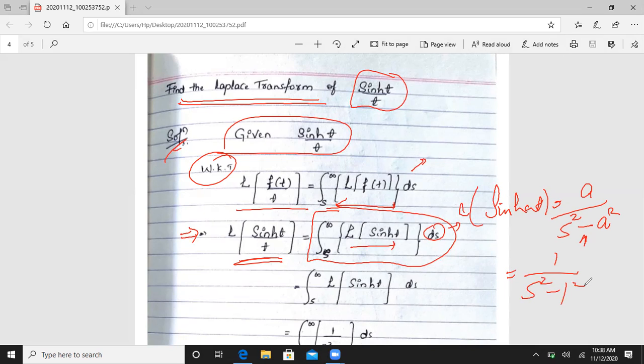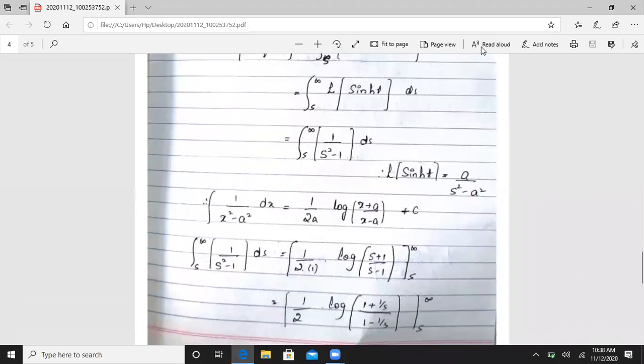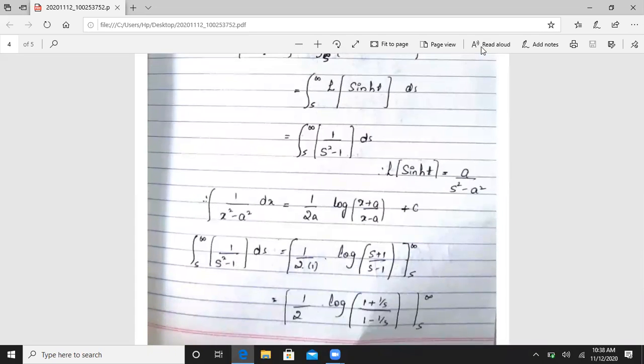So the integral is from s to infinity of 1 divided by s square minus 1 ds, since the Laplace transformation of sinh(at) is a divided by s square minus a square.